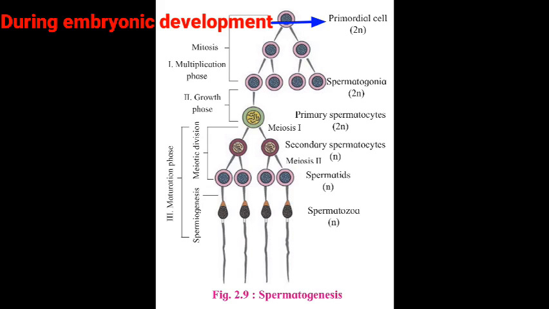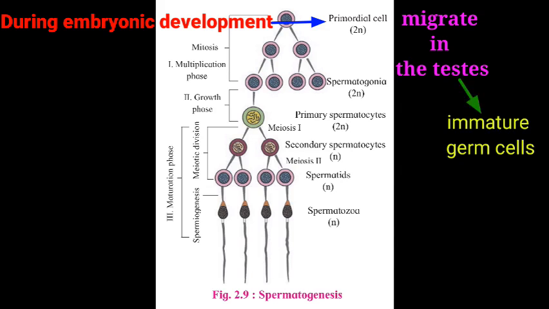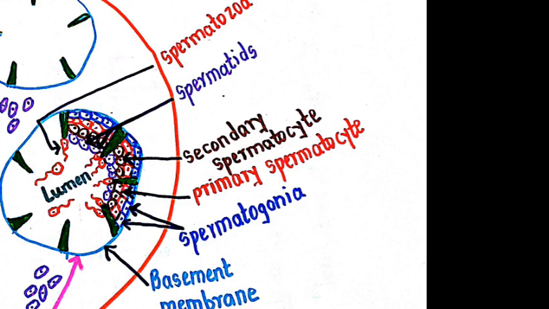During the development of the embryo, primordial germ cells migrate into the testes and become immature germ cells. These immature germ cells are known as spermatogonia. In the seminiferous tubule, spermatogonia form a 2 to 3 layered structure, which is based on a basement membrane.